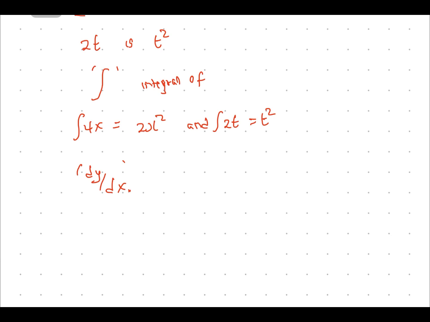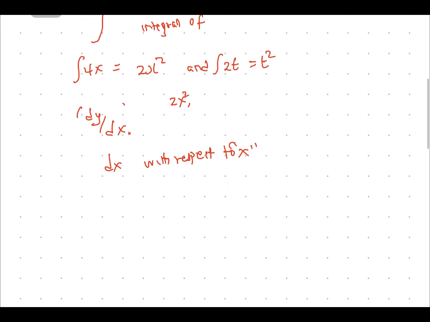For example, having 2x squared, this function of x here is being differentiated with respect to that x. So to continue, the dx here indicates that it is with respect to x.